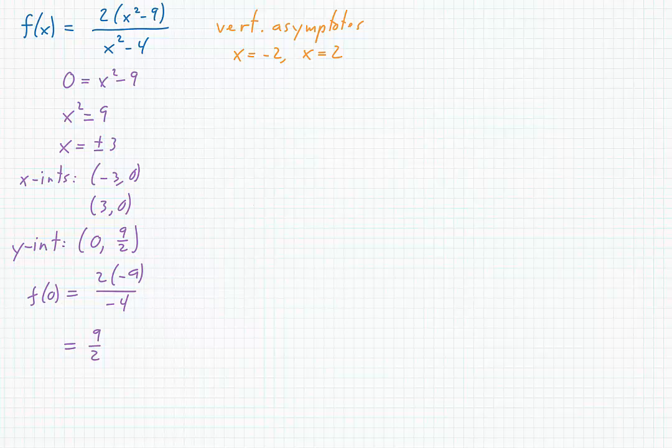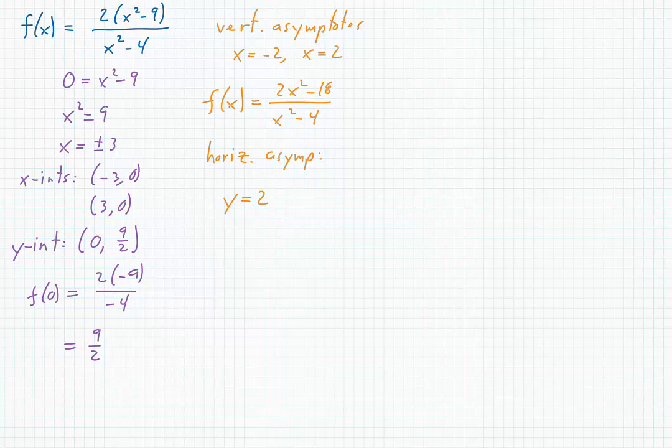If we rewrite the function for a moment as f of x is equal to 2x squared minus 18 divided by x squared minus 4, we can note that the top and the bottom have exactly the same degree. So if we consider limits as x approaches infinity or as x approaches negative infinity, we will discover that we have a horizontal asymptote at the value that is the ratio of the two leading coefficients, so 2 over 1 or 2.